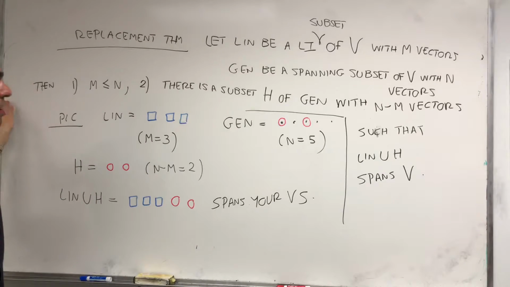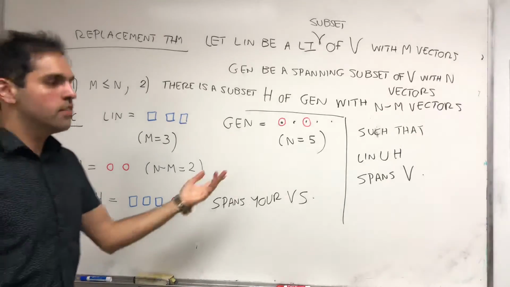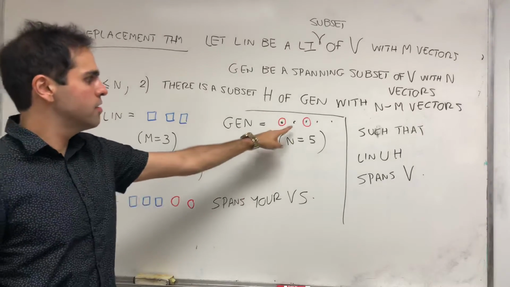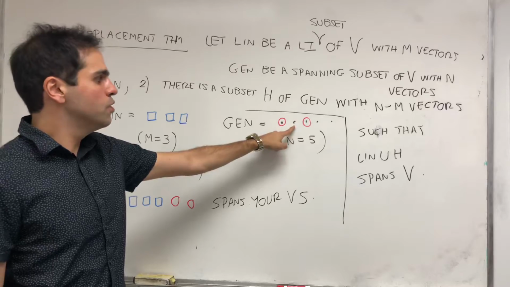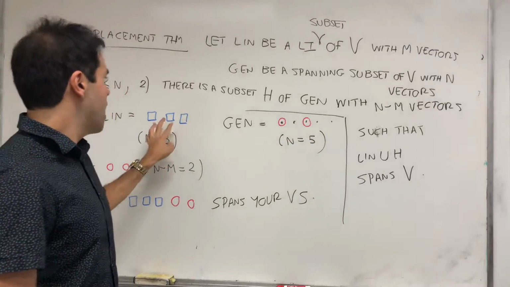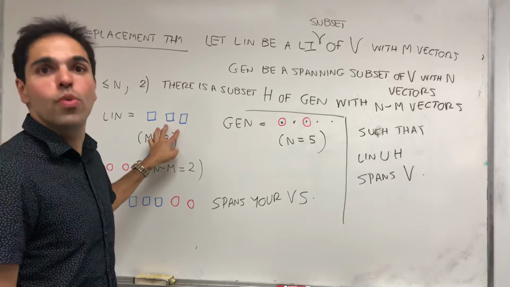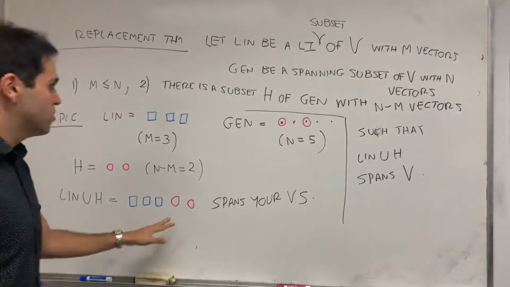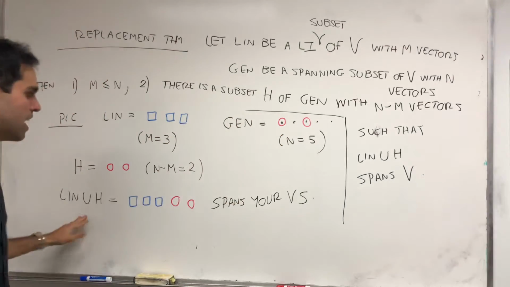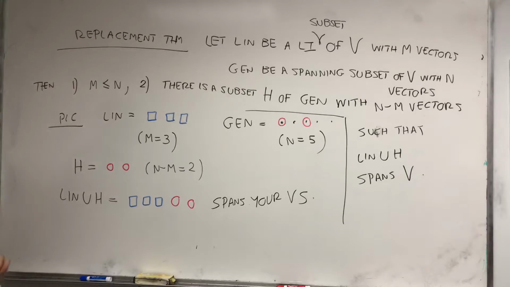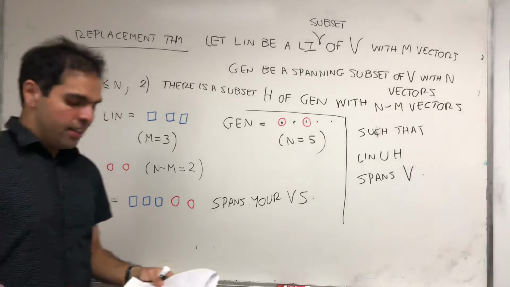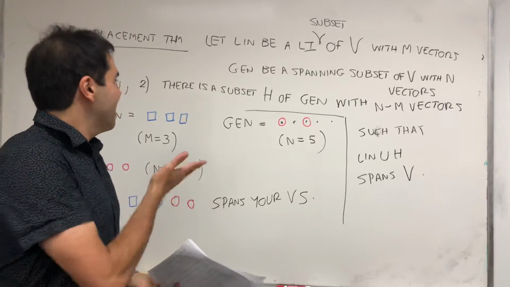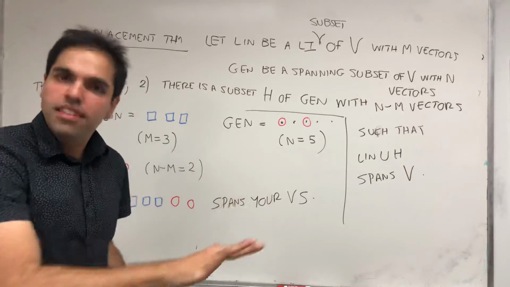But why is it called the replacement theorem? Because another way to think about this, somehow what you're doing, you're taking the black dots and you're replacing them with the blue squares, which are nicer. So you're replacing your generating set with a better generating set. And again, I will not prove this in this video.